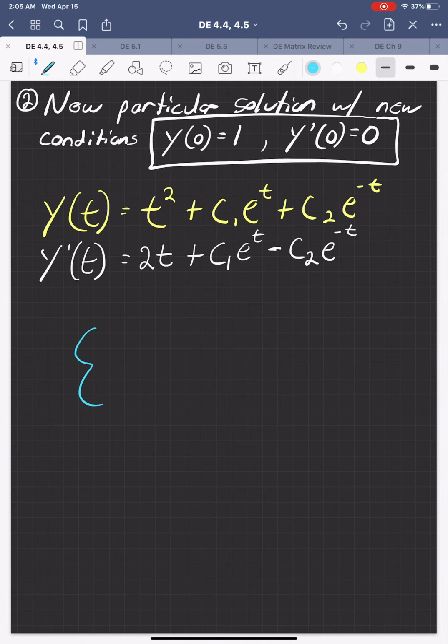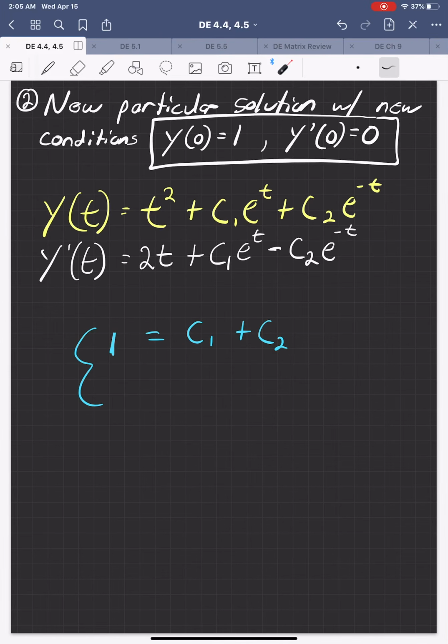Let me try that one more time. I'm going to be plugging in 0 for t, and 1 is what I'm going to be setting it equal to. So 1 is equal to, well, 0 squared is 0. c sub 1 e to the 0 is just c sub 1, and then c sub 2 e to the 0 is just c sub 2. My apologies, I was getting ahead of myself.